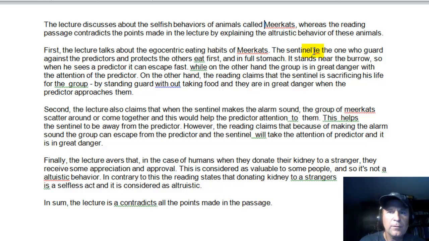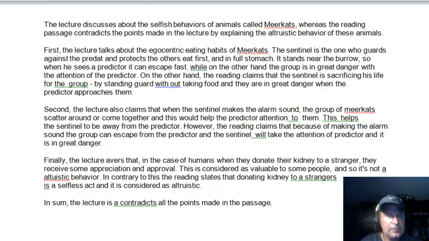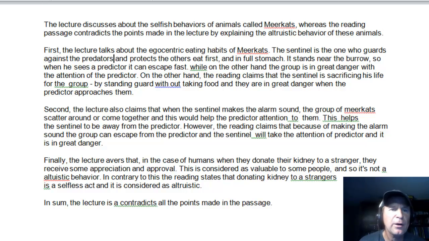The sentinel is the one who guards, talks about the eating habits of Meerkats. So the sentinel is the one who guards against predators. This is why I think your writing will not score 24 just because of that one word. I think you want to use the word predator here.